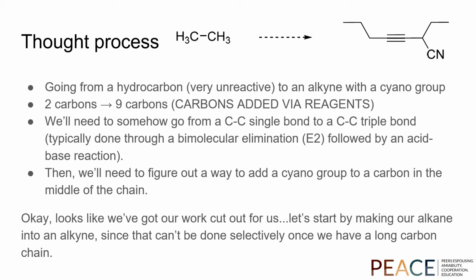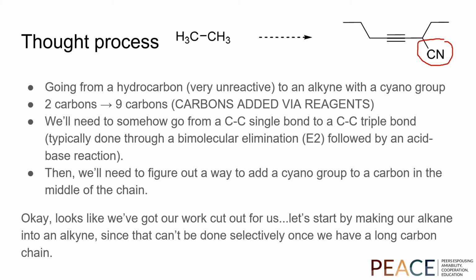And then lastly, we'll need to figure out how to add this functional group right here, the cyano group, to a carbon in the middle of the chain. So obviously this looks like a very involved problem, but we know that we should probably start with a single bond and transform that into a triple bond somehow.